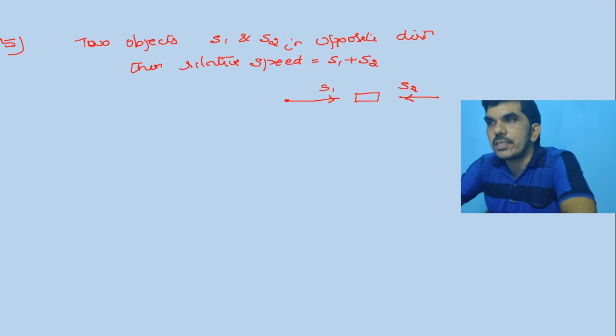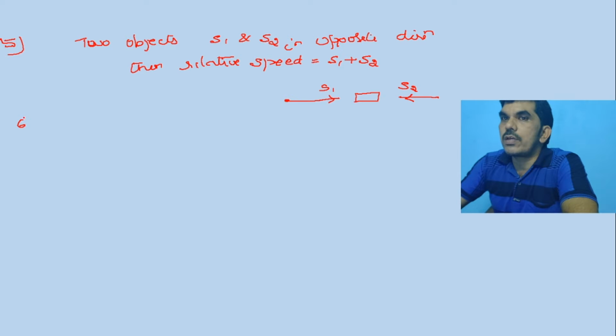In that case, instead of calculating the time taken by each object, we consider the concept of relative speed. Both are approaching each other, and the speed at which they approach is the sum of the speeds. That is why the relative speed of two objects moving in opposite directions at speeds s1 and s2 becomes s1 plus s2.